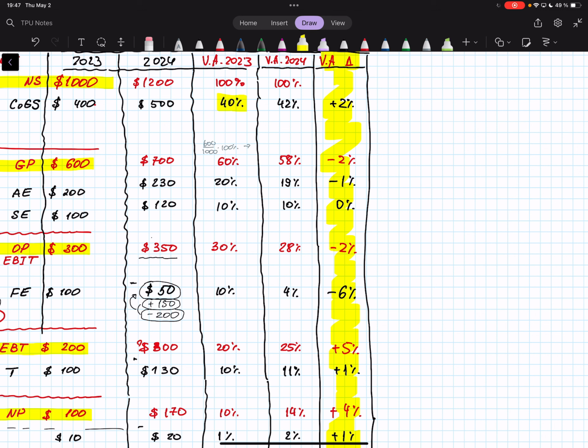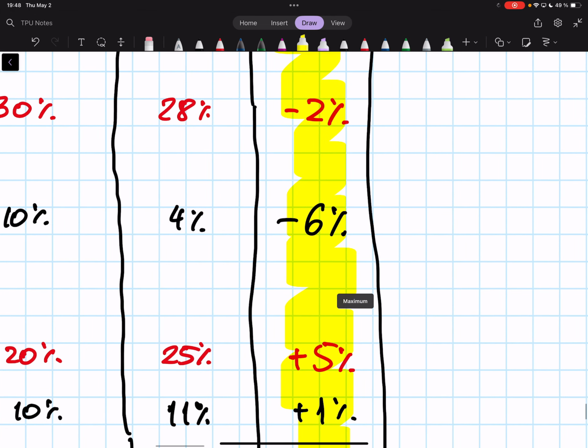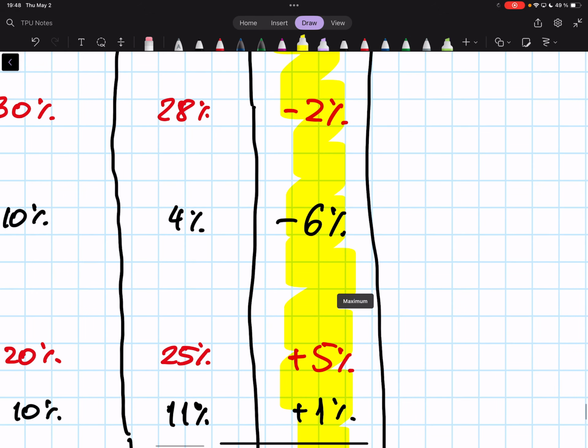Well, our gross profit goes down, operating profit goes down, but earnings before taxes grow, net profit grows, and you start asking yourself, why the big profits go down and the small profits go up? And you start seeing it's because of this minus 6%. So your financial expenses dropped.